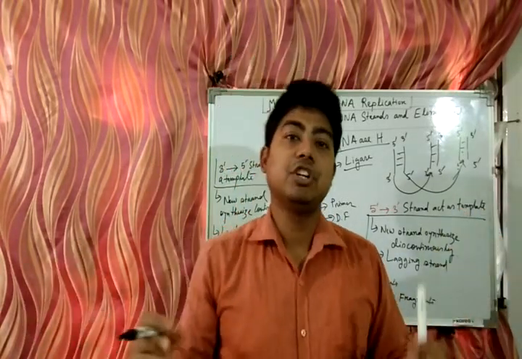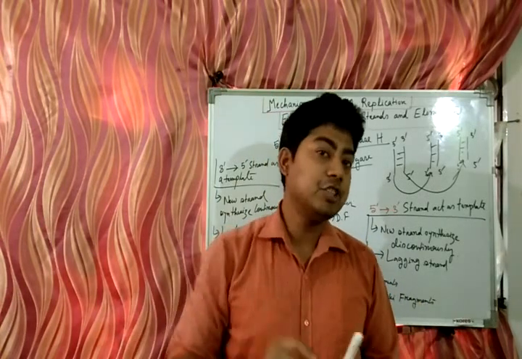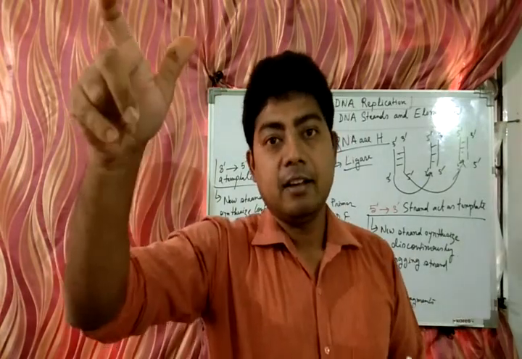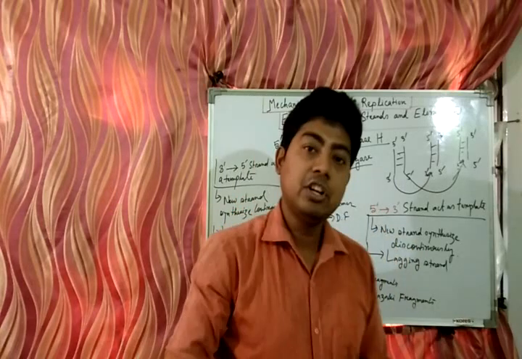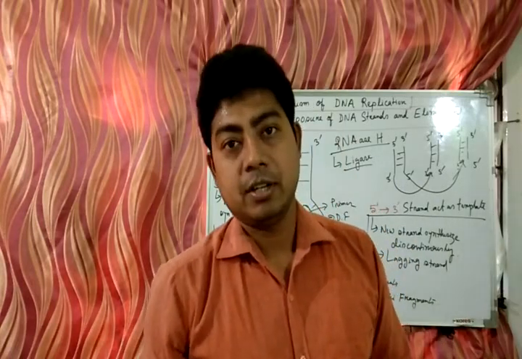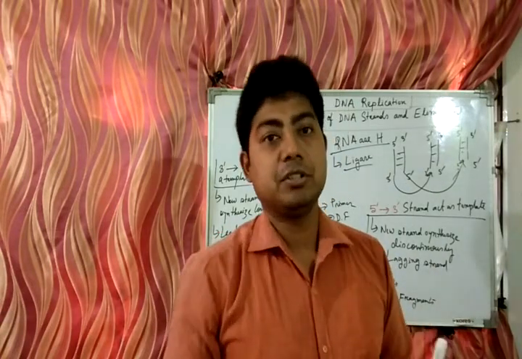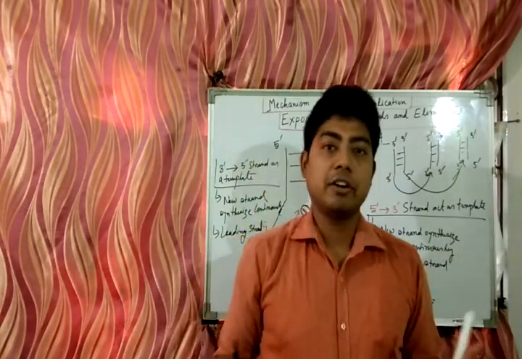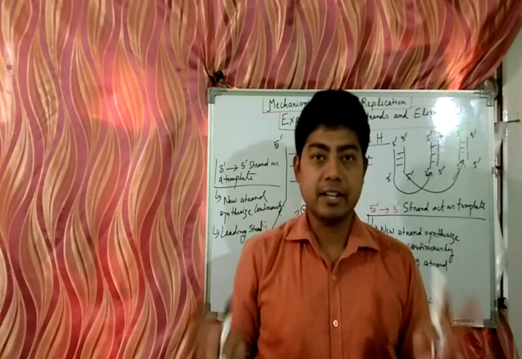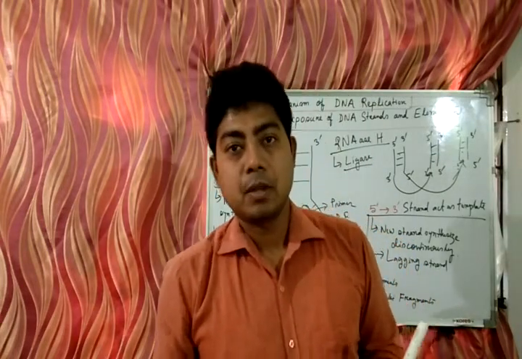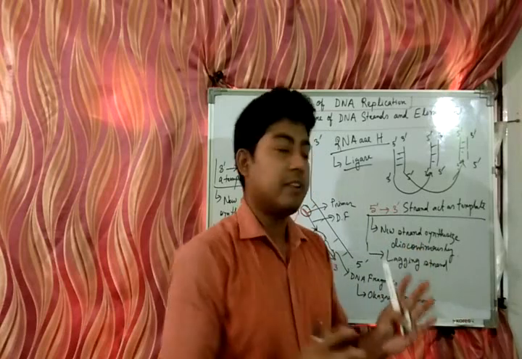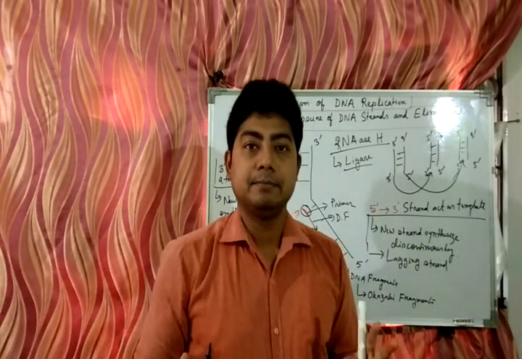And finally, when DNA polymerase reaches the end of the DNA, termination occurs. Up to here, we have concluded the replication process in prokaryotes, already discussed in several lectures. So that is the end of the replication mechanism. Thank you.